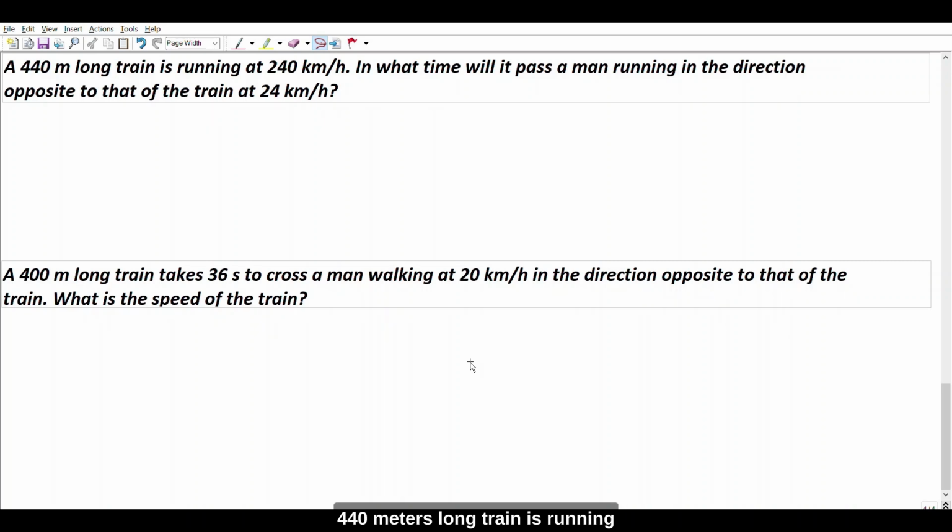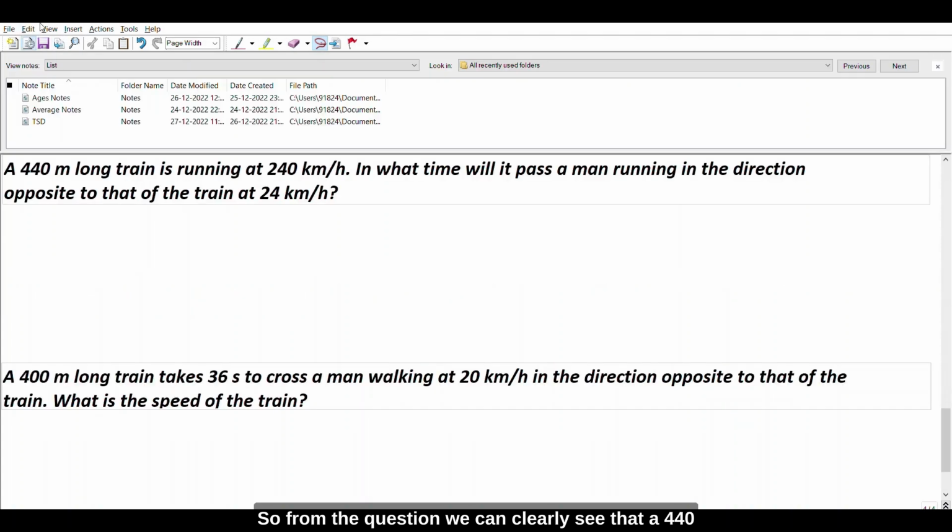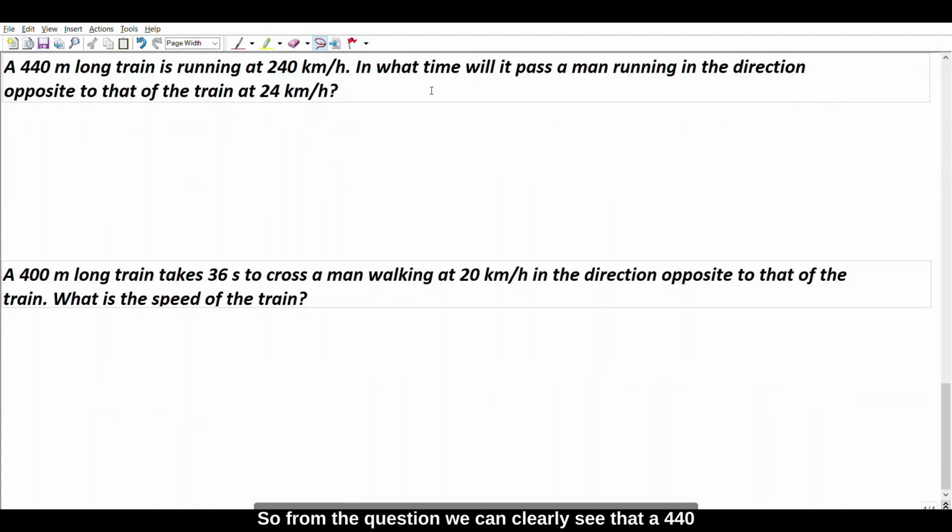A 440-meter long train is running at 240 km per hour. In what time will it pass a man running in the direction opposite to that of the train at 24 km per hour? So from the question, we can clearly see that a 440-meter long train is running at 240 km per hour.